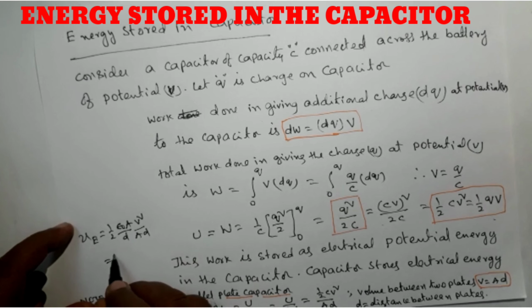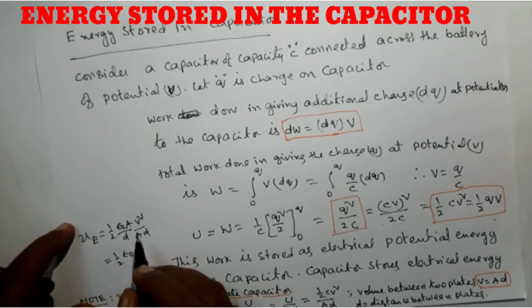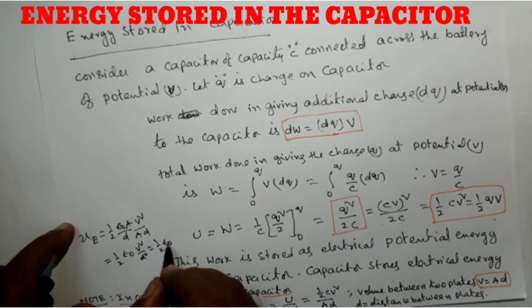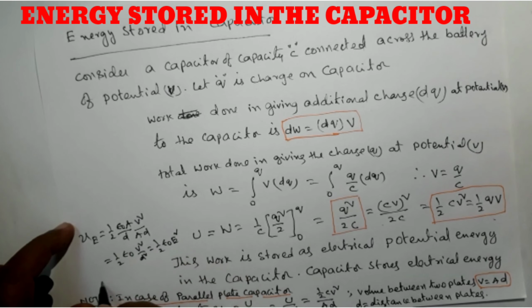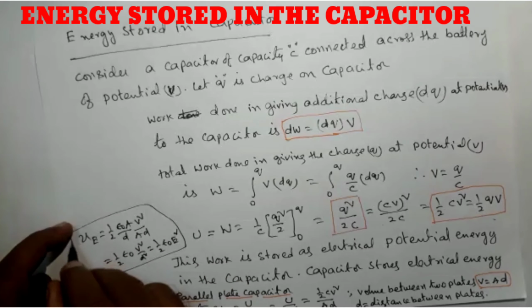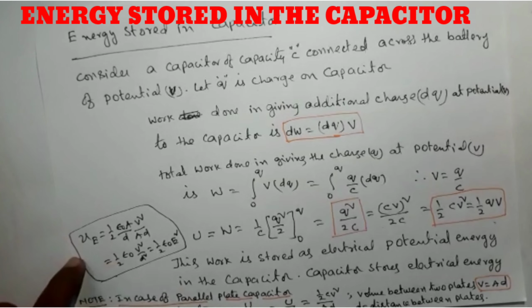This will be equal to half epsilon naught V square by D square. It is equal to half epsilon naught E square. So the energy density between the parallel plate capacitor is given by the formula UE equals half epsilon naught E square.